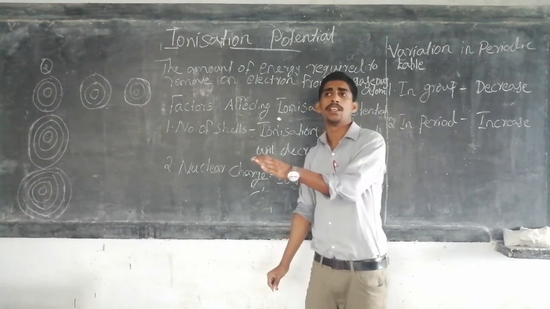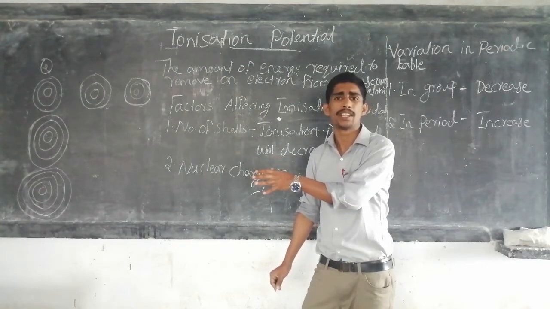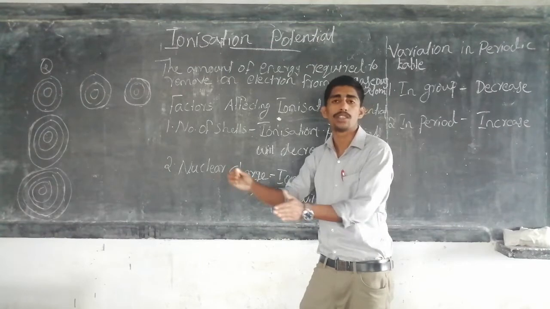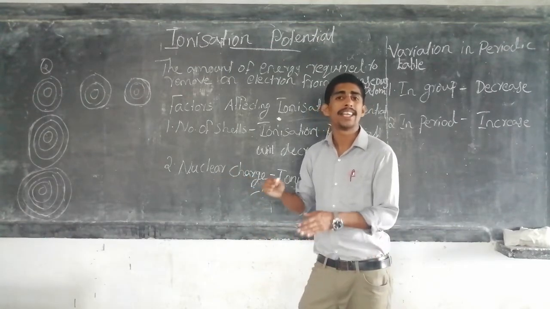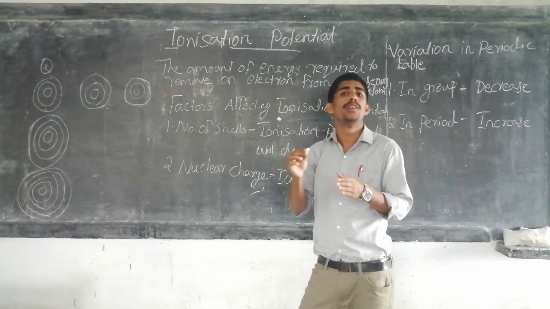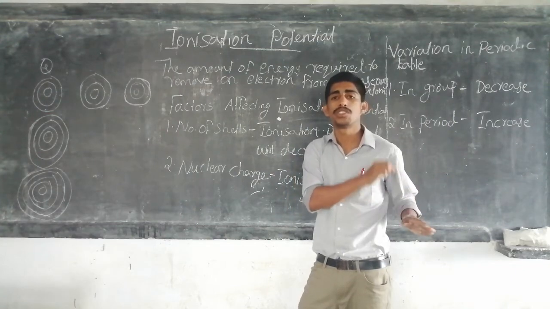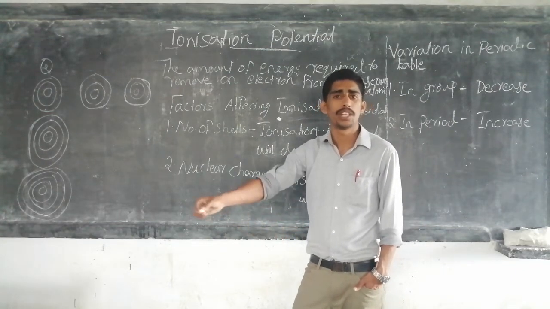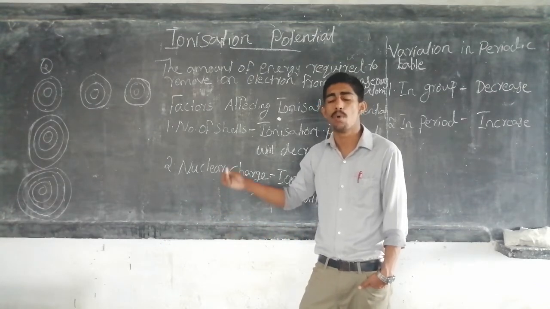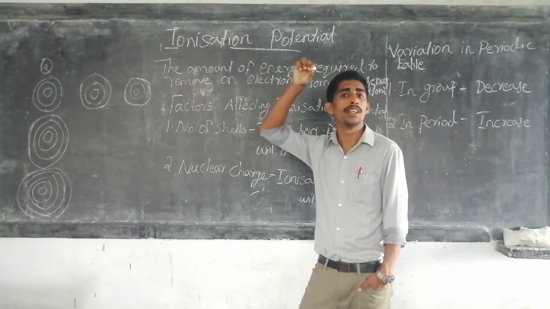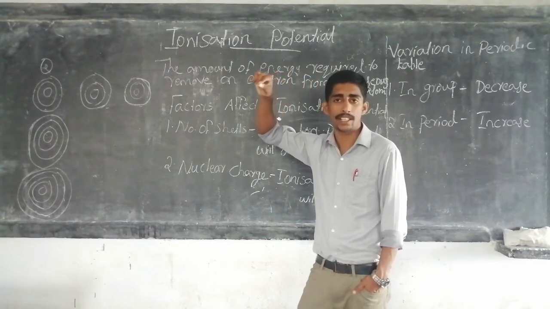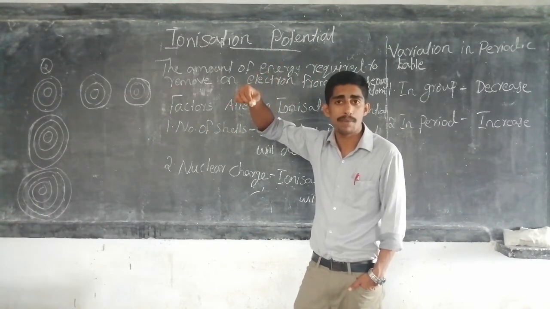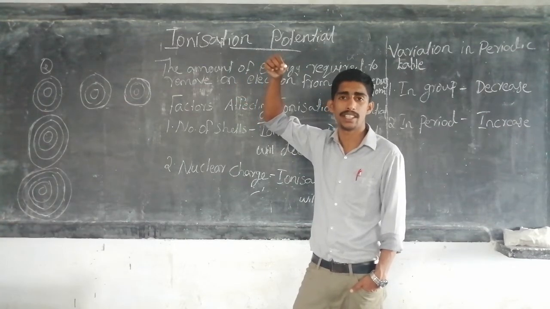Suppose you are taking octet, duplet and all. To attain the octet or duplet structure, some atoms will lose their electrons. Is it possible to simply go and take them? No, it's impossible. If you want to take out the electron, we have to provide a sufficient amount of energy.